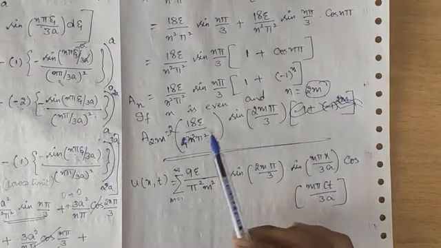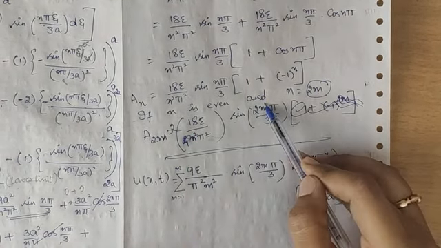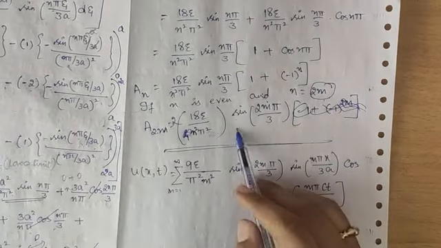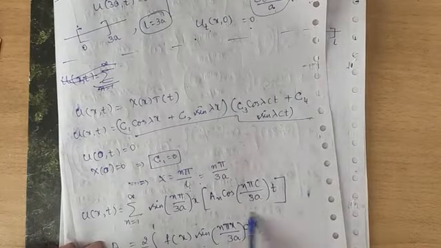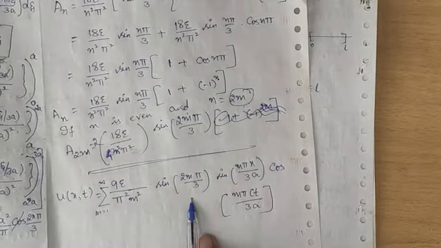Now you have found out the value of a_n when n is even, that is when n takes the value 2m, and you are substituting that value in your general equation. In the place of a_n, you are substituting that value, so that you will get this.